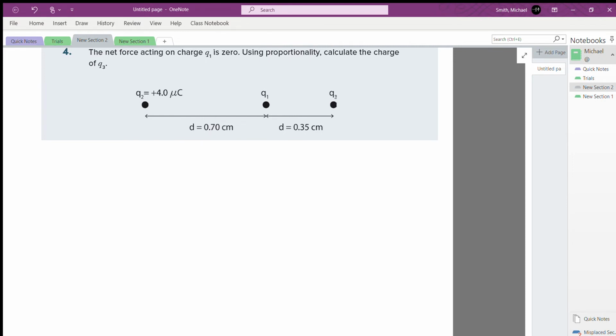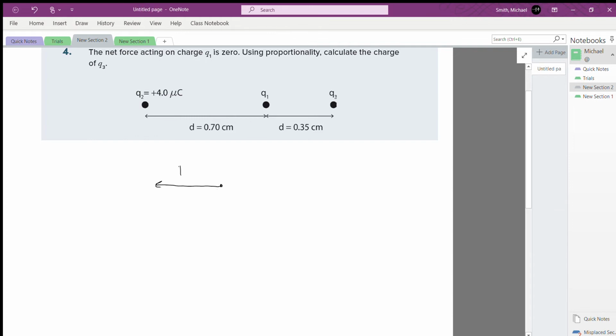So the best way to think about this is just draw a bit of a picture to see what's going on. If we have Q1 in the middle, then the force due to Q2, let's say it's an attractive force going this way.